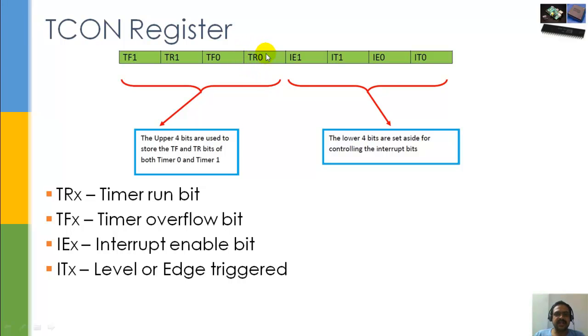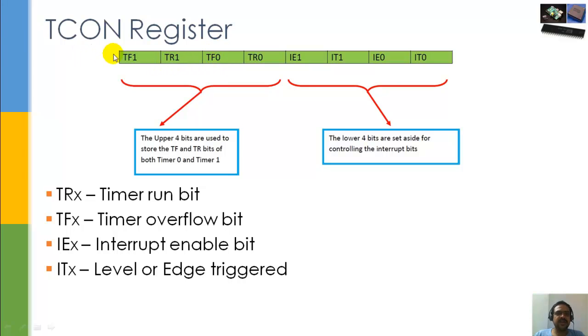If you do not set the TR bit to 1, the timer will not initialize. The timer or the counter for that matter will not initialize. So if you want timer 0 to run, you have to set TR0 to 1. Similarly, if you want timer 1 to run, you have to set TR1 to 1. Otherwise, the timer will not start.